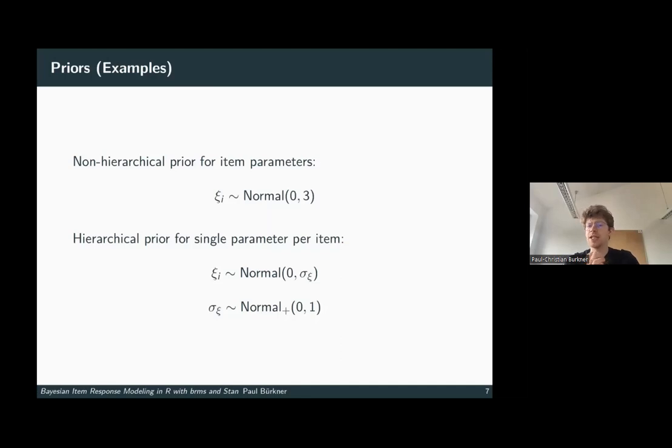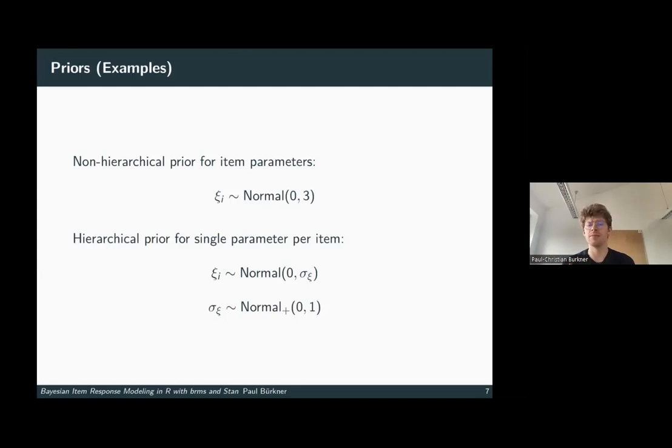Non-hierarchical prior in this case means that every item parameter zeta i gets its own independent prior with some kind of fixed hyperparameters. For example, in this Rasch model, we could say every one of the difficulty or easiness parameters is a priori normally distributed with mean 0 and standard deviation 3, which for the logit scale would be a rather weakly informative prior, adding just a little bit of prior knowledge about the scale of the logistic model, but nothing else.